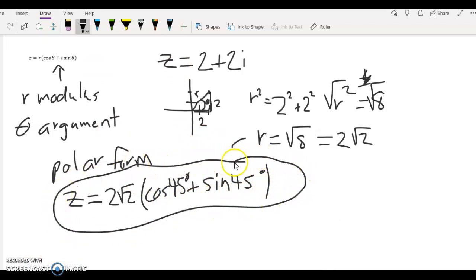If we want to convert the complex number to this polar form, we find our r value using the Pythagorean theorem, and we find our theta using the tangent.